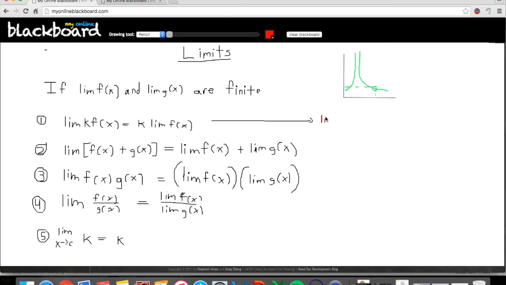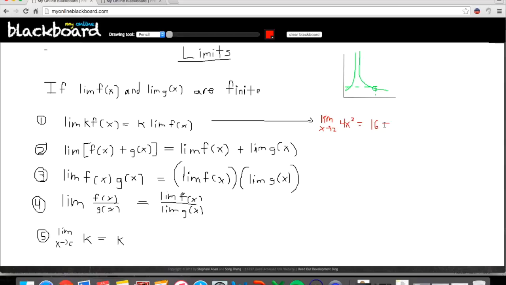So let's say I have the limit now as x approaches 2 of 4x squared. That equals, so we plug 2 in, we have 2 squared, which is 4. 4 times 4 is 16, so 16.